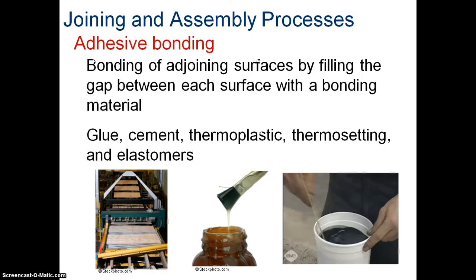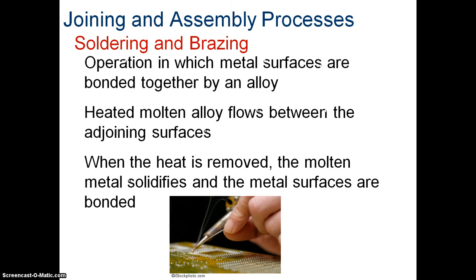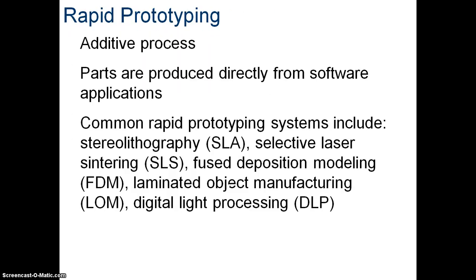And adhesive bonding by using glue, cement, thermoplastics, thermosetting plastics and elastomers. The next process is soldering and brazing. Heated molten alloy flows between the adjoining surfaces. Rapid prototyping is the last type of process.